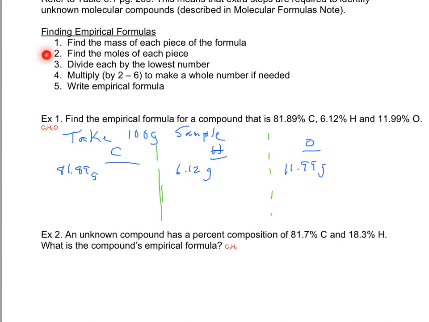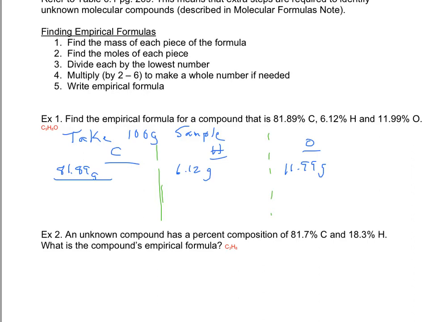Step number 2. Find the moles of each piece of the formula. Chemical formulas are written by the amount of particles, not the mass. So I need to change these grams into a unit that describes how many particles I have.